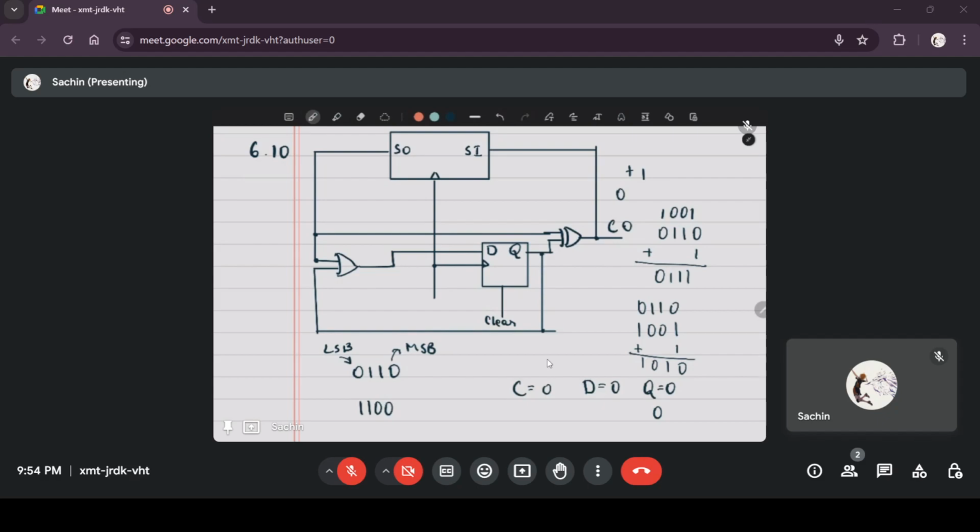Now C is Q XOR the LSB, so it is 0 XOR 1, so it is 1. And D is 1 OR Q, which is 1.